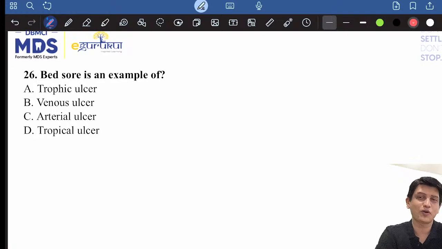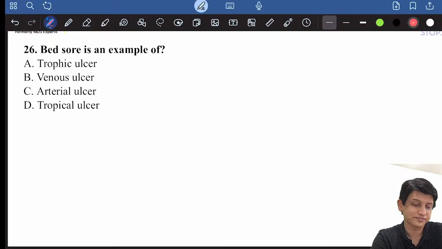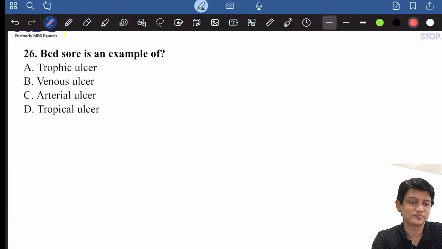Bed sore is an example of? My god, I feel like I should have been writing this exam. I think this is a 2018 question. Bed sore is an example of: trophic, venous, arterial, tropical ulcer.